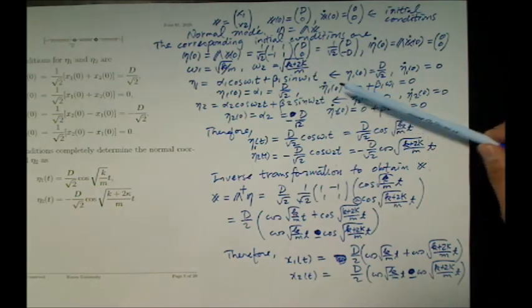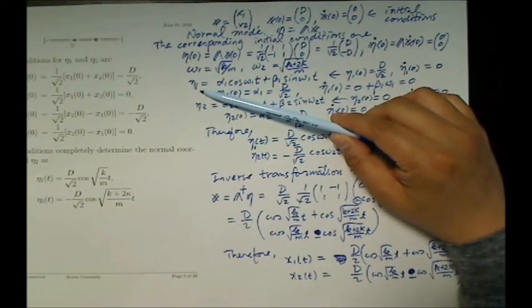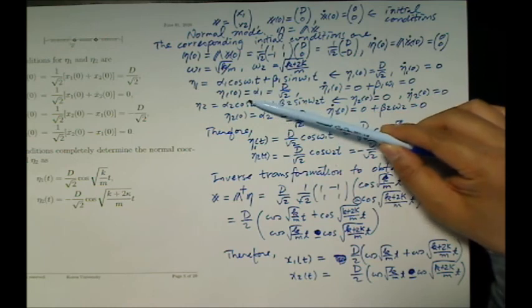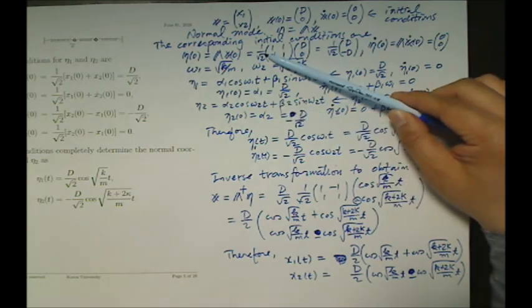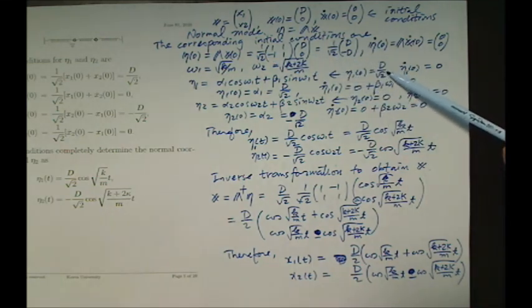We first consider the case eta 1. If we substitute t equals 0, we have alpha 1. Right? That is alpha 1. But this condition gives eta 1 as d over square root 2.